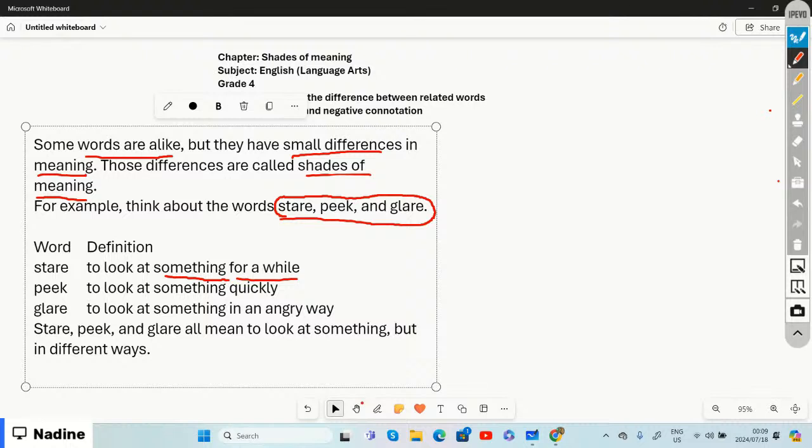So we said that we look at stare, right? And stare is to look at something, and that is for a while. So it's like you are just staring at that person. It's by looking at the person without saying anything, doing nothing, right? And you look at that person for a while, and we call that staring.